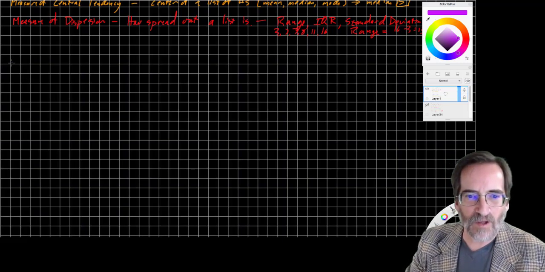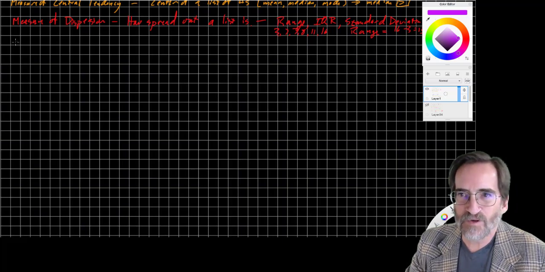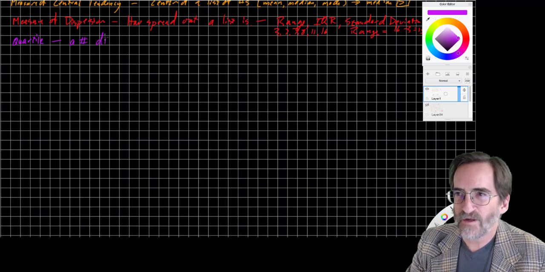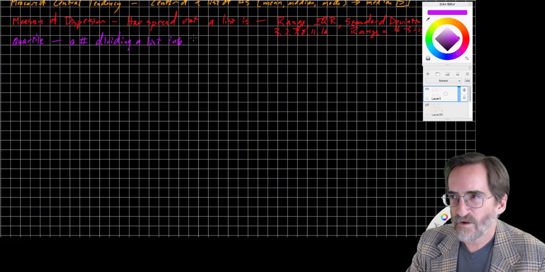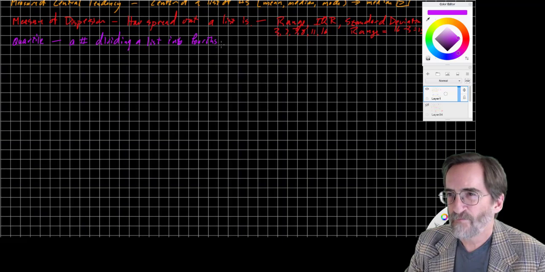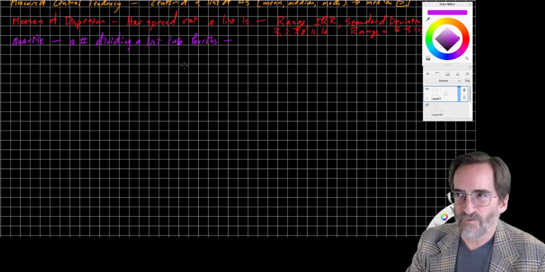Box and whisker plot. And quartile, and yeah, let's put quartile first. Quartile: a number dividing a list into fourths. Okay? And I'm going to give an example here in just a minute.